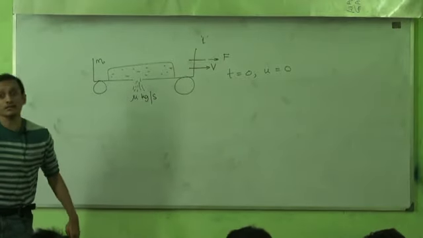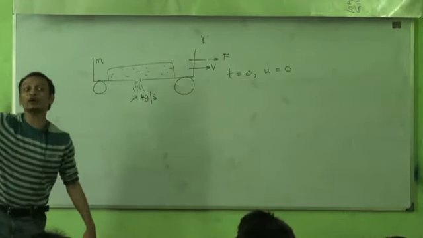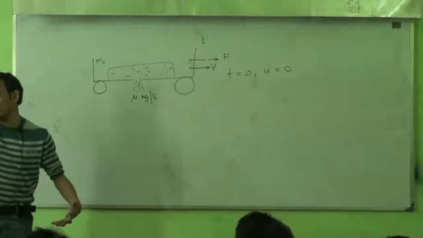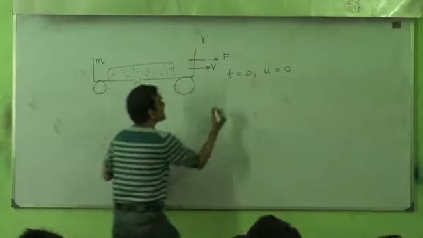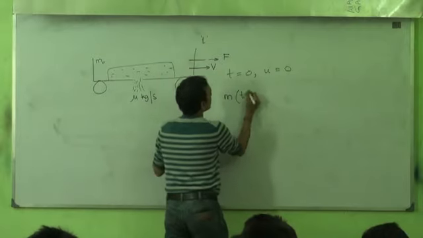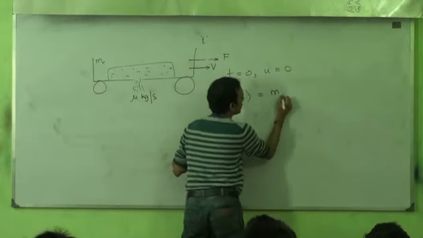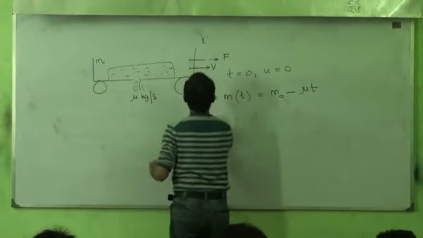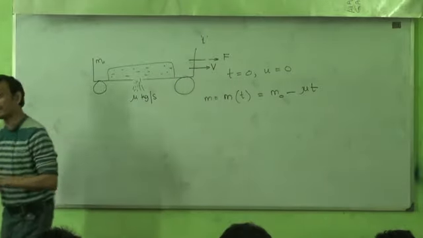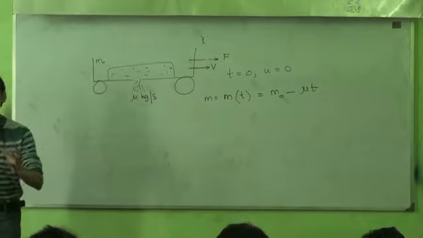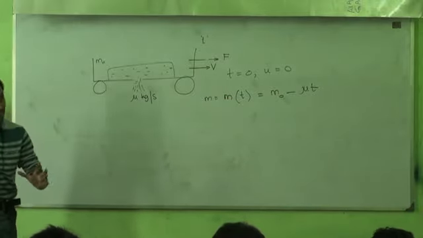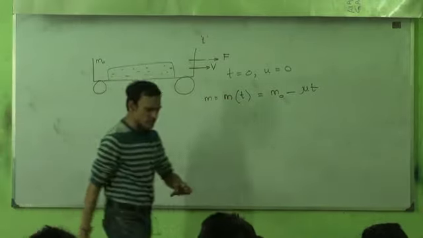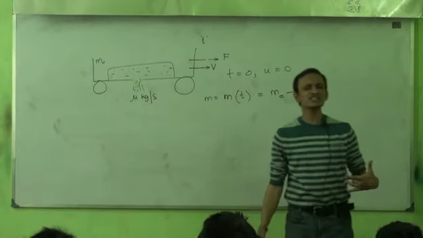The mass then would be mu t kilograms less. So mass at this instant of time t would be m naught minus mu t. This would be m as a function of time. It's a system of decreasing mass. Now in this case, dm dt is negative.